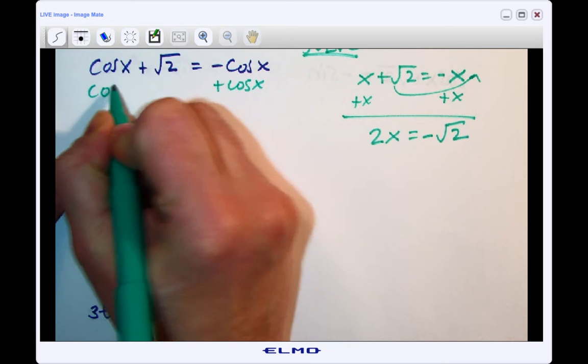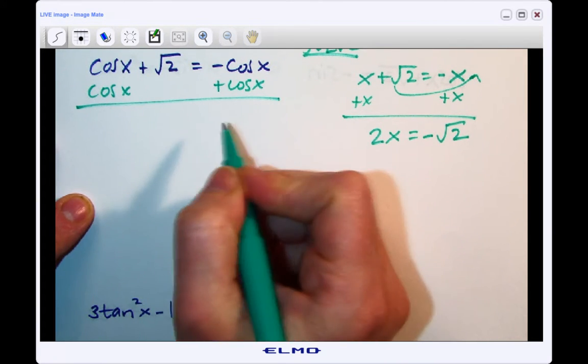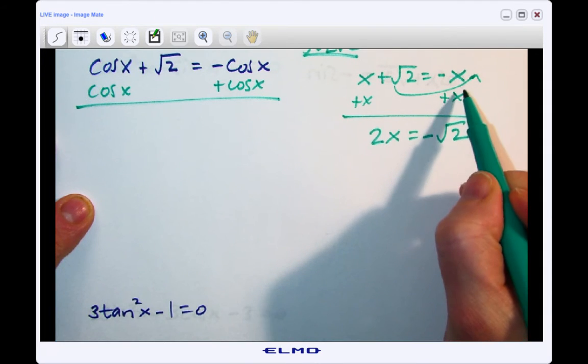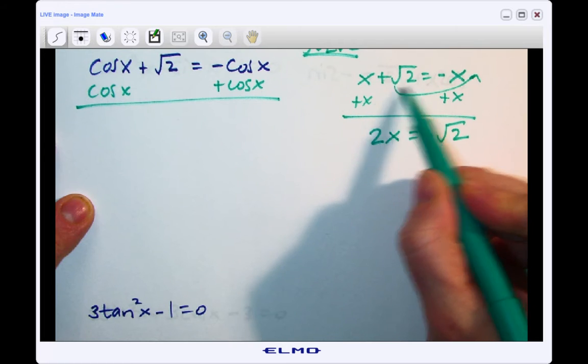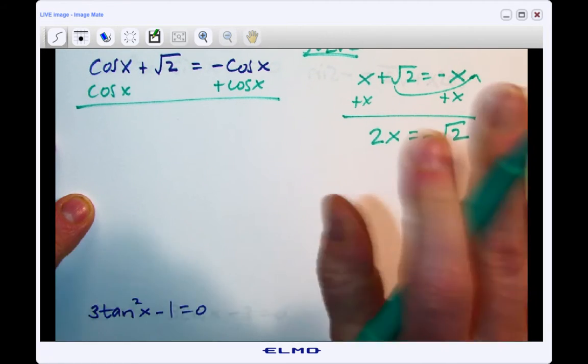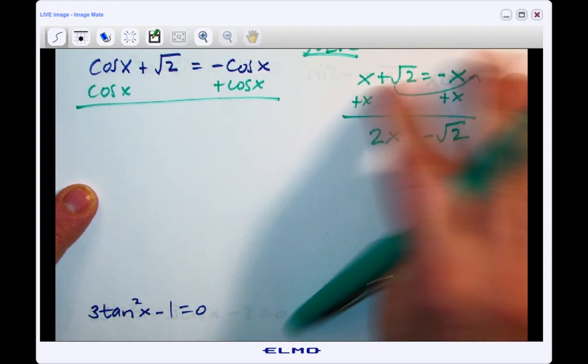Now, some people, when they see a cosine on either side, for some reason think they can divide both sides by cosine, but you would never divide by x here, right? You'd be dividing out an x, and also you'd be getting an x underneath. So that is not a way that we would solve this. You don't want to divide out the x.